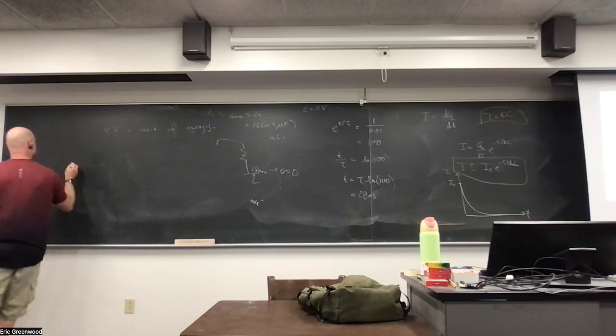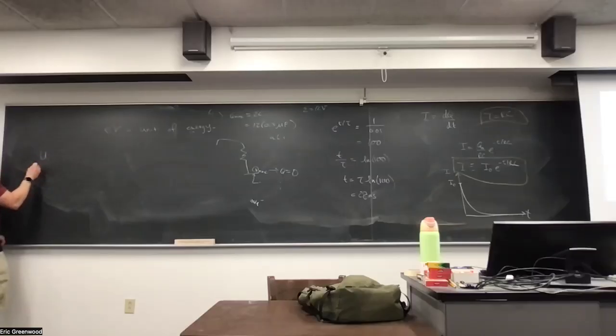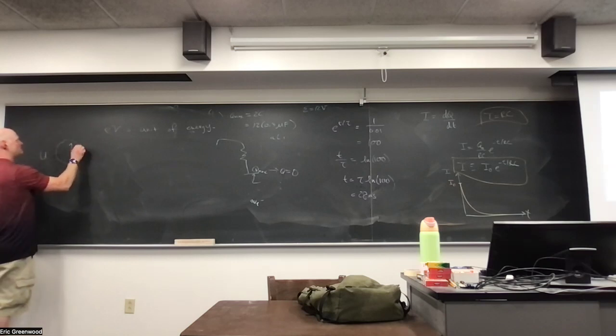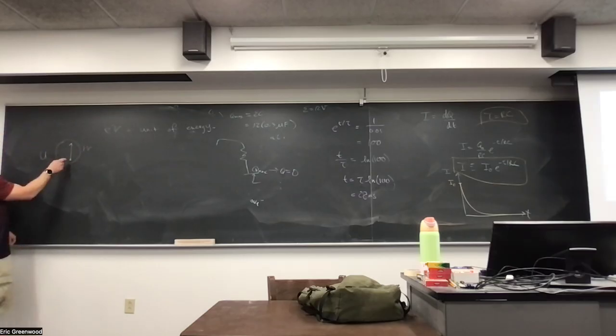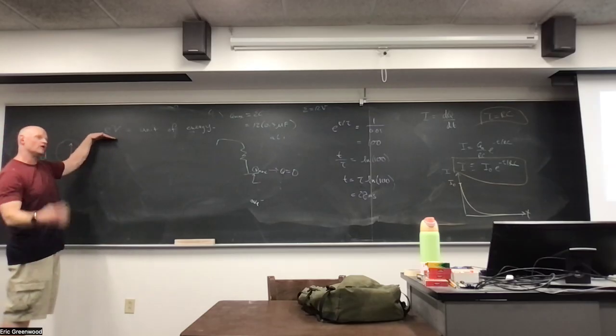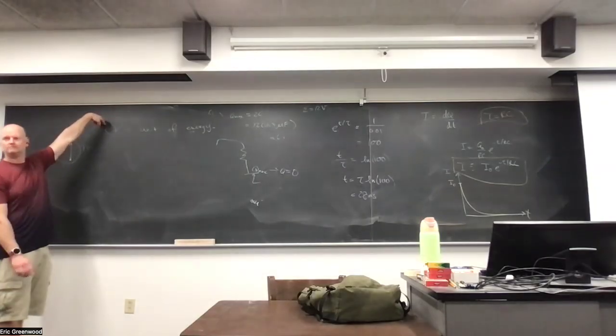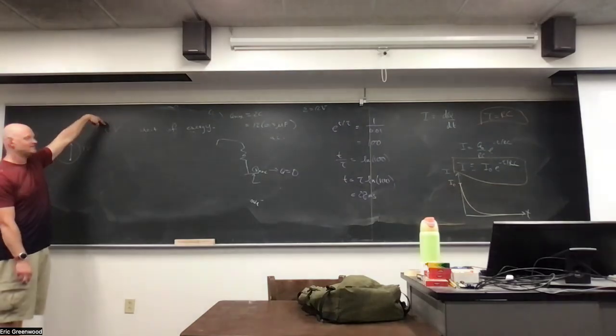So first of all, what is an eV? So the eV is the amount of energy you need to accelerate a charged particle through a 1 volt potential. So if this is a 1 volt potential difference, then it's the amount of energy you need to move this charged particle through this 1 volt. This is what an eV means. Now, the way that this translates to joules is, e is literally e, 1.602 times 10 to the minus 19.